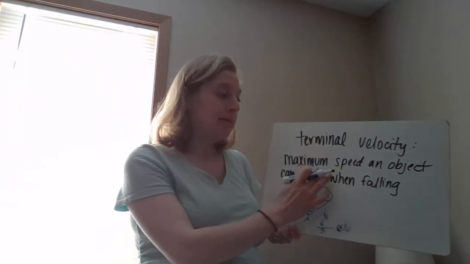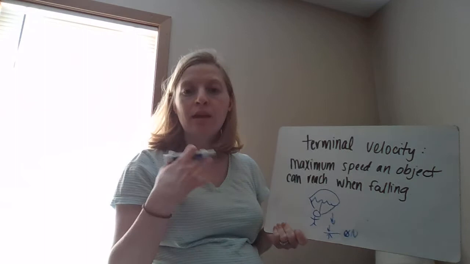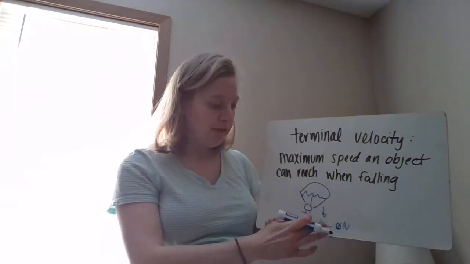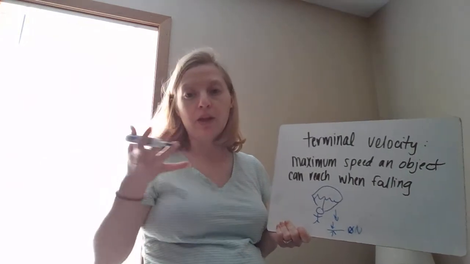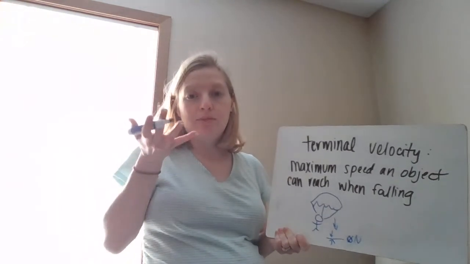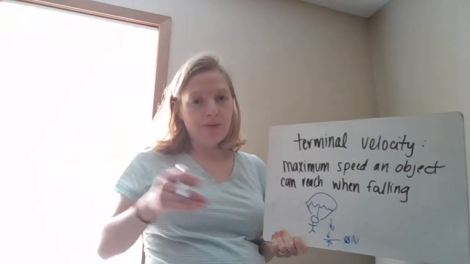Terminal velocity is the maximum speed that an object can reach when it's falling. And that is because eventually the object that's falling will have air resistance pushing up by the same amount as the force pulling it down.